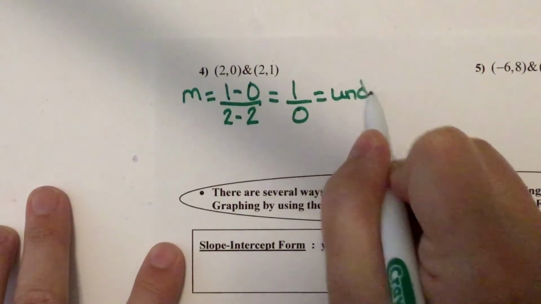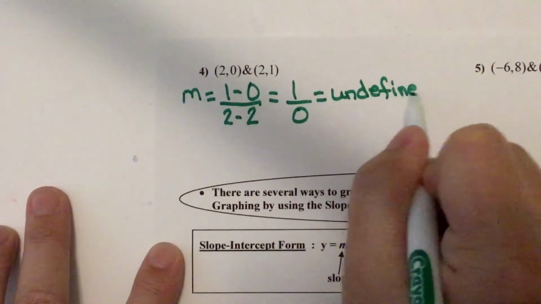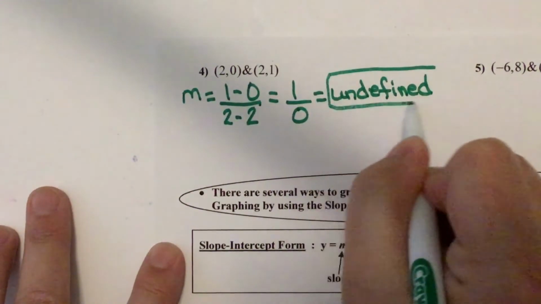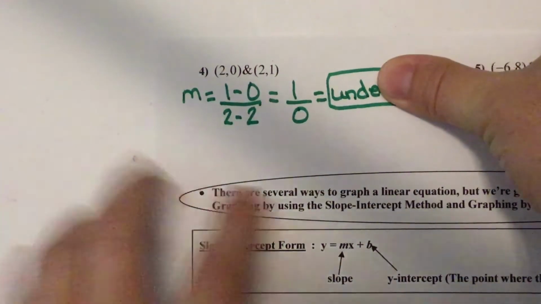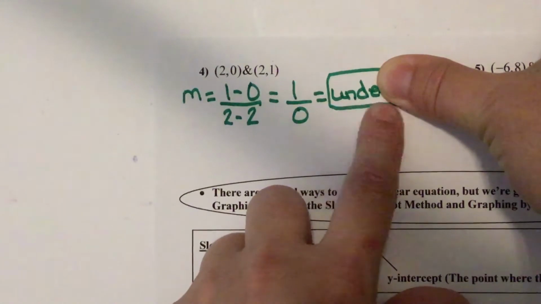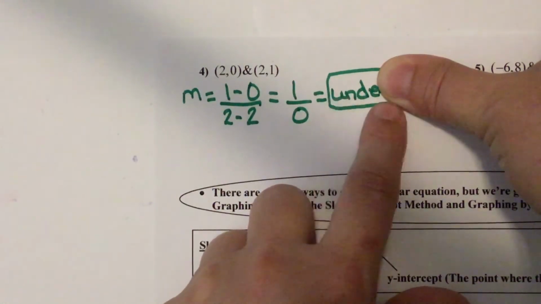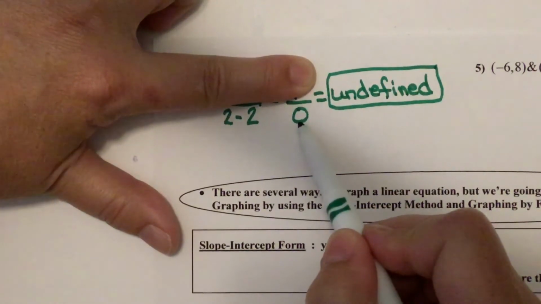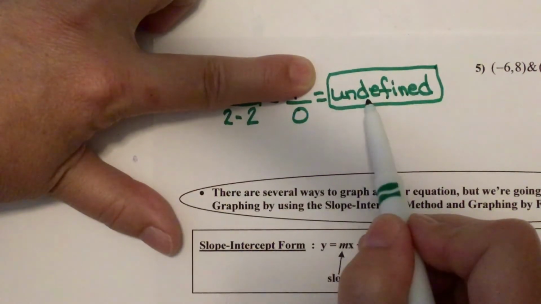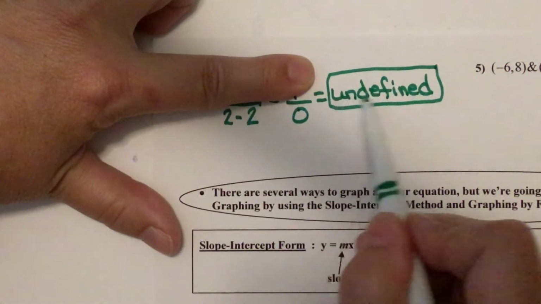Okay, so I have a little memory device to help you remember this when you're working these out mathematically. So do you see how undefined starts to look like the word under? That looks like the beginning of the word under. Okay, so if the 0 is under the fraction bar, it's undefined. Just think of this as under.